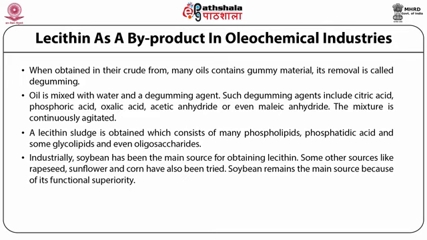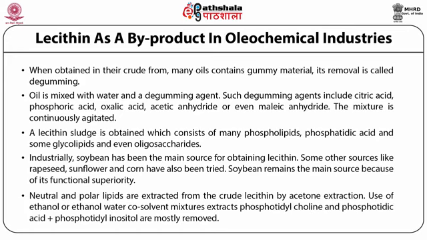Soybean remains the main source because of its functional superiority. Neutral and polar lipids are extracted from the crude lecithin by acetone extraction. Use of ethanol or ethanol water co-solvent mixtures extracts phosphatidyl choline, and phosphatidic acid and phosphatidyl inositol are mostly removed.